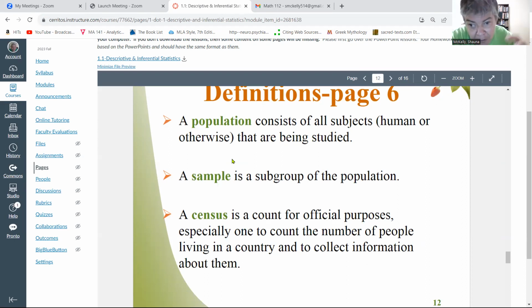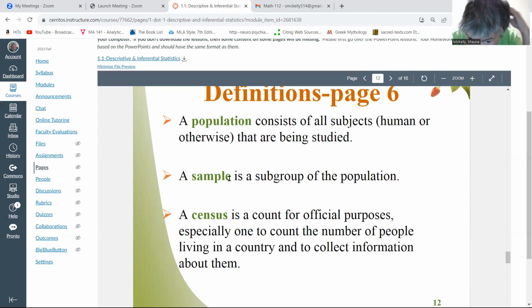That would be my sample. Now, my sample can be small, it can be large, depends on how large my population is. Okay, so that's the difference. Usually a sample is smaller than the population, almost always, because if it was the same size, you might as well sample the whole population.